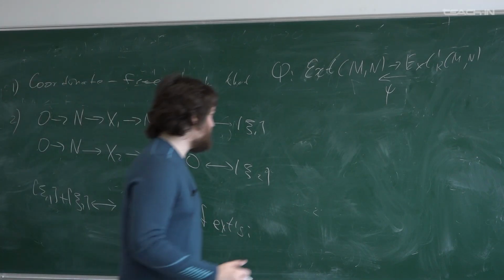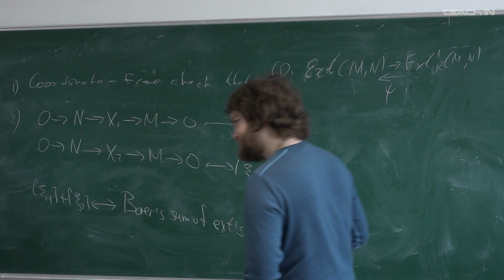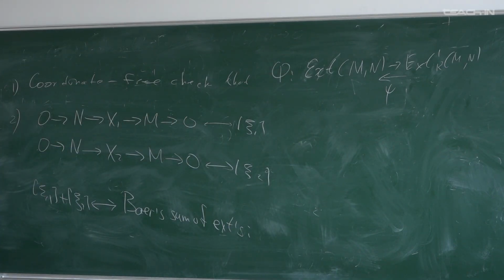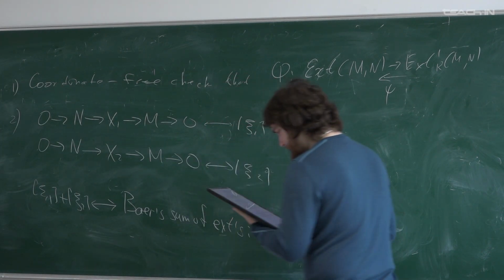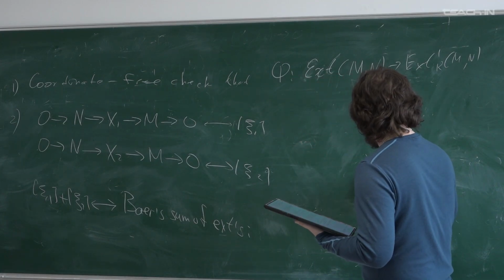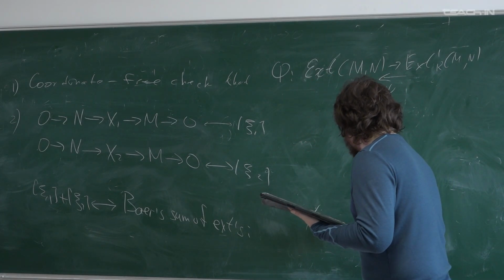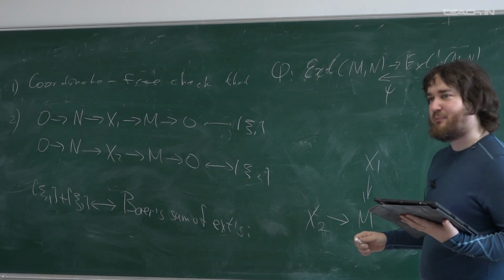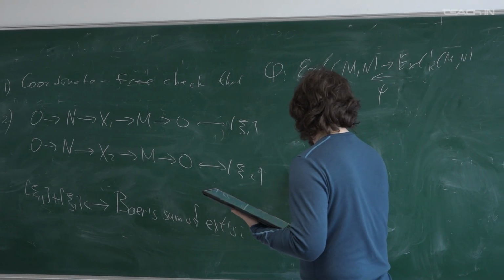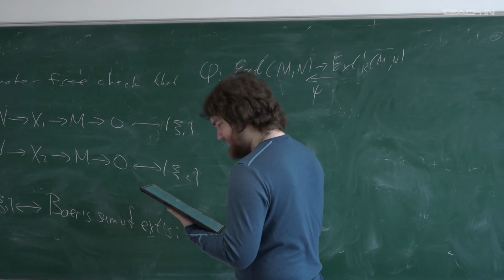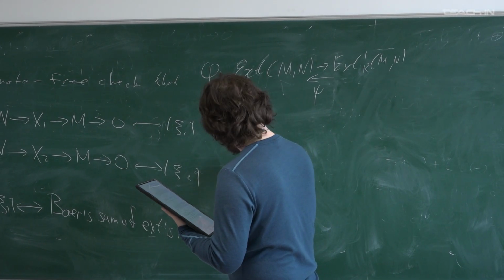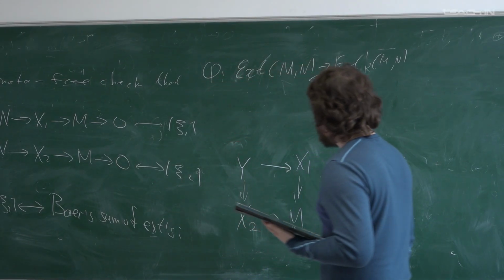It's defined in the following way. I have extensions x1 and x2 of M. I can consider the so-called pullback Y. What is it?